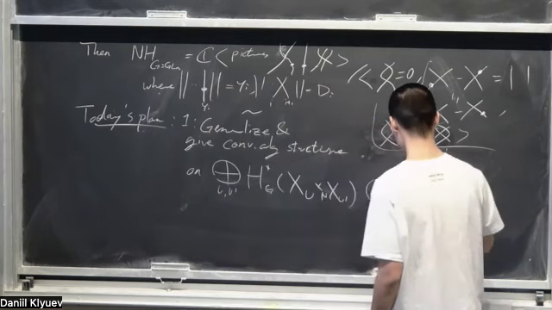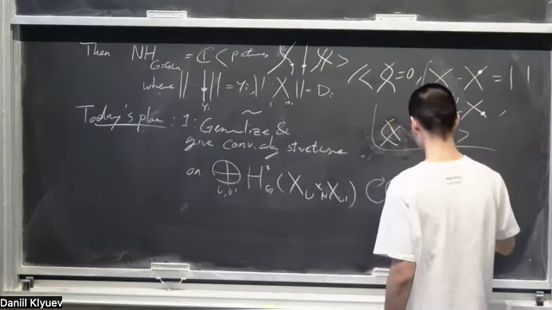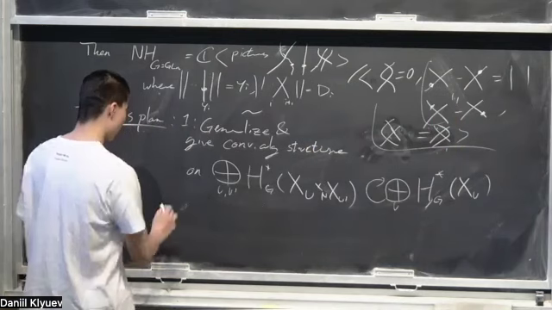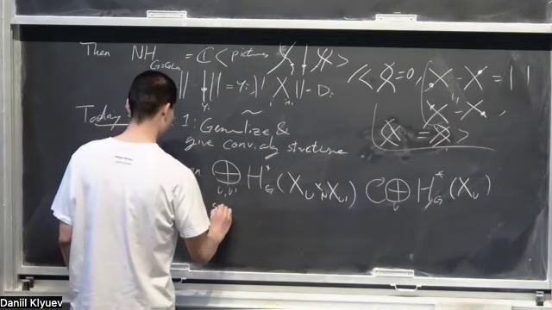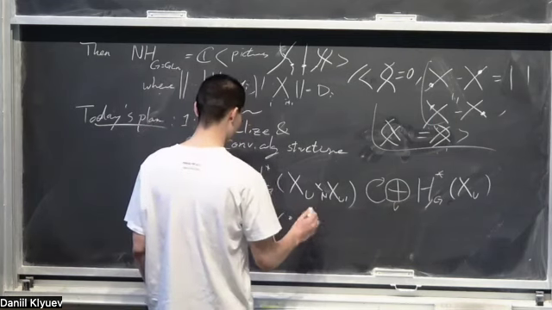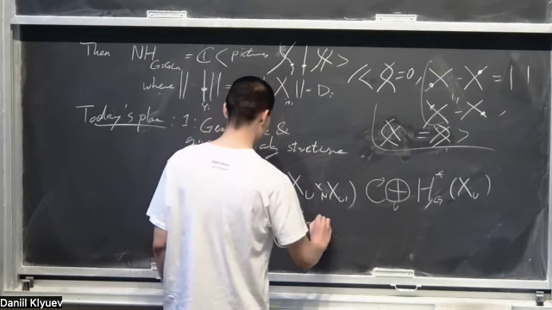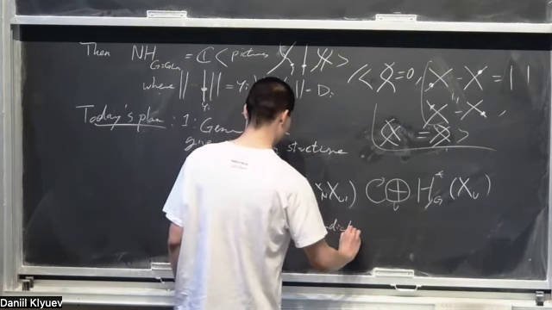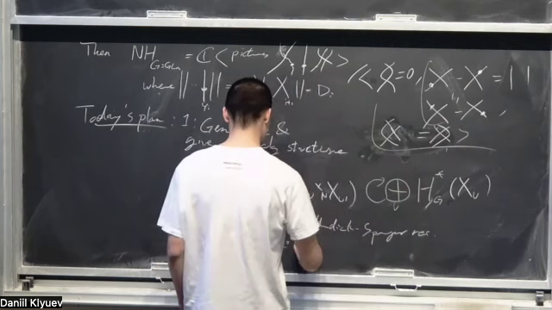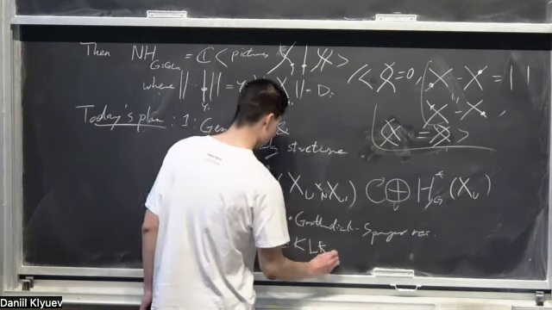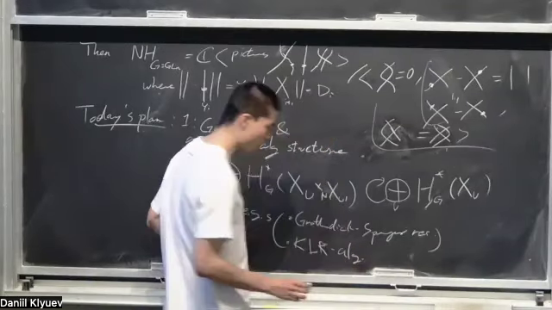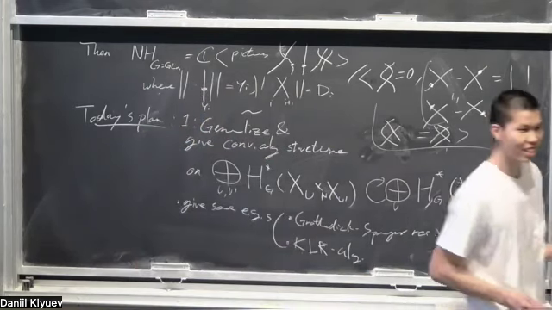Something that looks like this. And then give some examples, two particularly important ones. This one is the Grothendieck-Springer resolution. And the other one is, as I mentioned, the KLR, Khovanov-Lauda-Rouquier algebra. Okay, now I move.